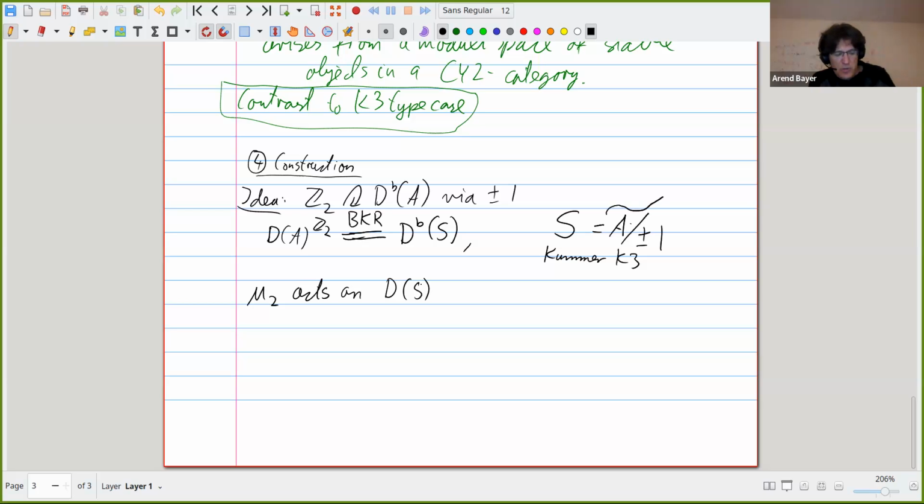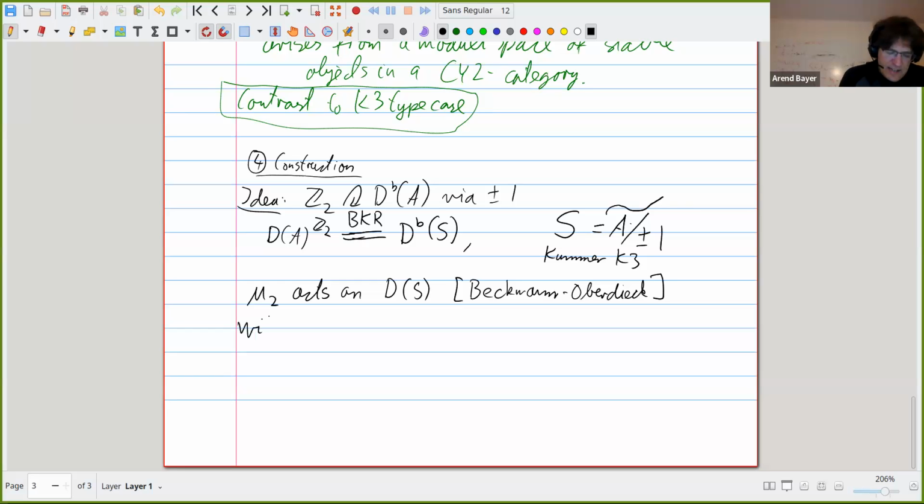If you think of mu2 as the group of one-dimensional representations of Z2, then it acts on the equivariant category just by tensoring an equivariant object with this representation. Thorsten Beckmann and Georg Oberdieck wrote a nice paper where they described this action explicitly, which was very useful for us.